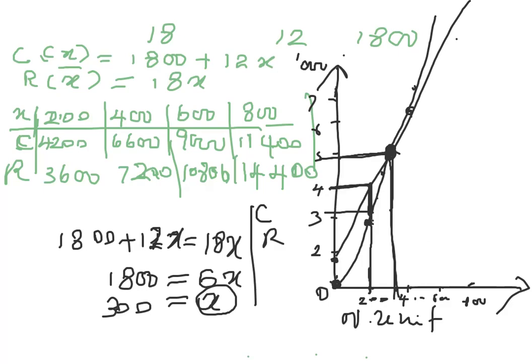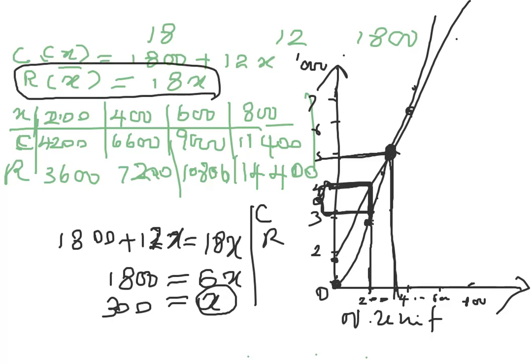After identifying this, we can draw two horizontal lines to the y-axis. Then this amount equals the required loss when we are producing or selling 200 units. The same thing we can do algebraically, because this is our revenue function.